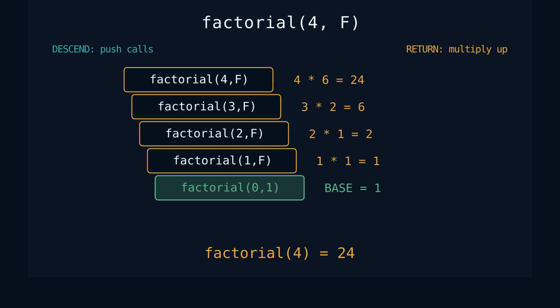Now the stack unwinds, 1 times 1 is 1, 2 times 1 is 2, 3 times 2 is 6, 4 times 6 is 24. Notice the two directions. Going down, the problem shrinks to the base. Coming back up, the answers multiply together. A few lines to find a computation of any depth.